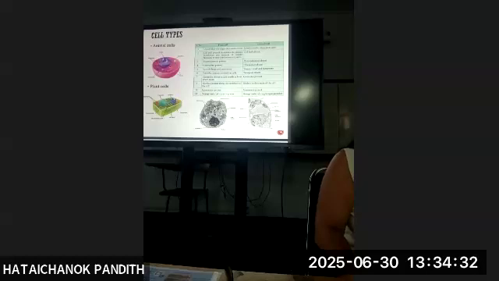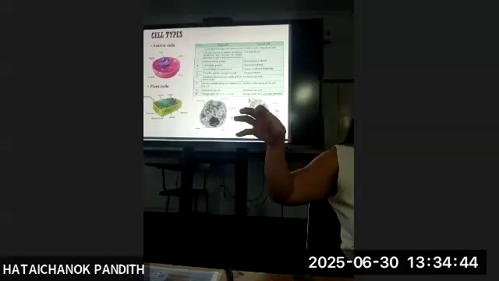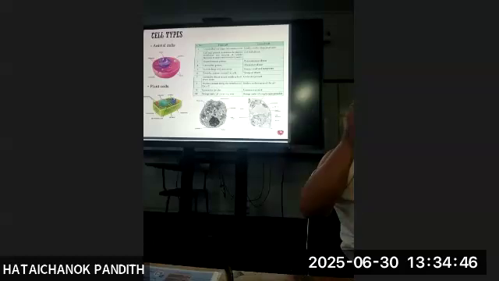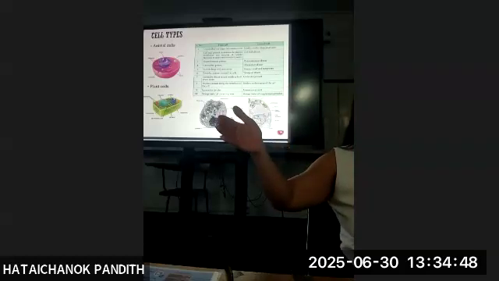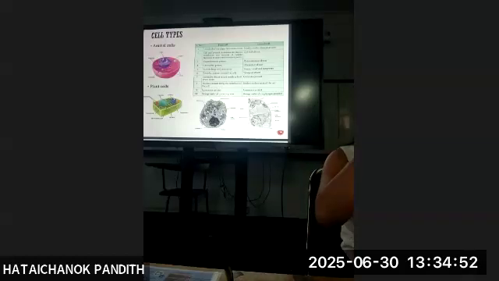Just look at the picture where I point. Mitochondria. Yeah, normally animal cells have a lot of mitochondria inside because we have to use a lot of energy all the time. That's why we have to produce many more mitochondria. And they can divide themselves all the time, right? Especially in the heart and the liver, the cells that have to use a lot of energy. So they will divide themselves every hour.